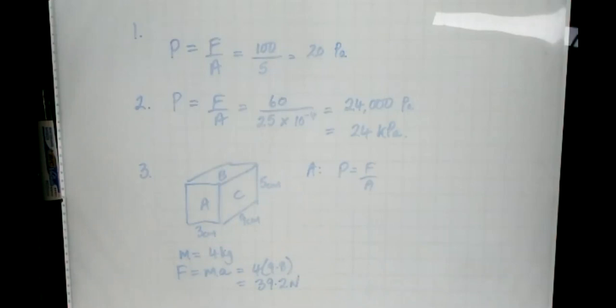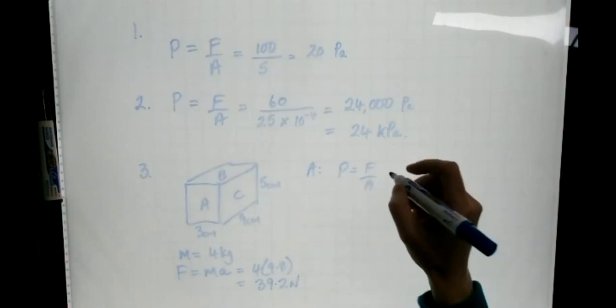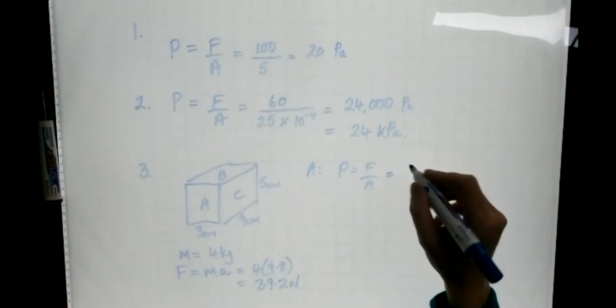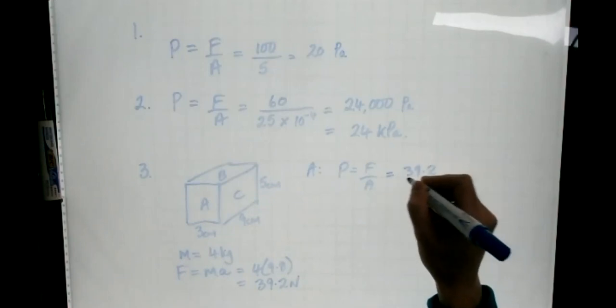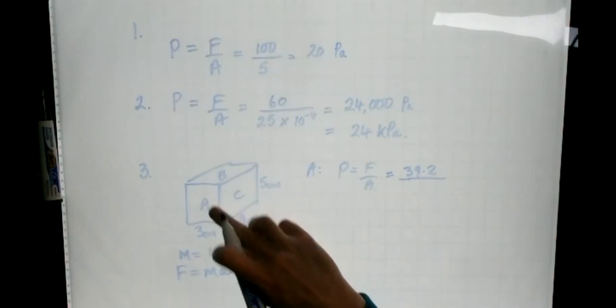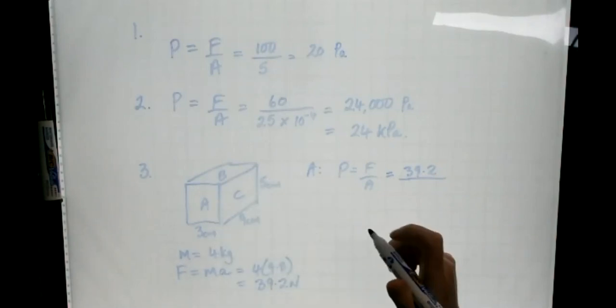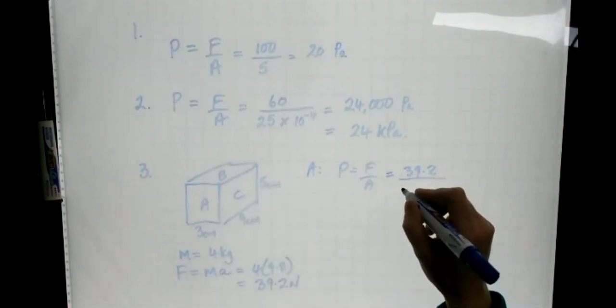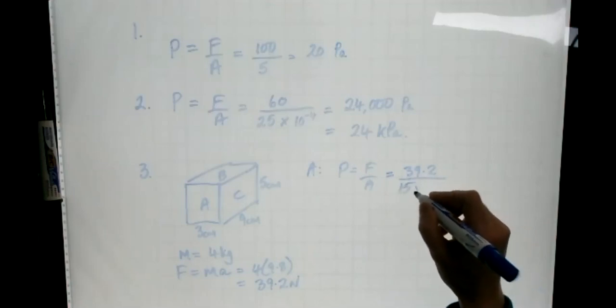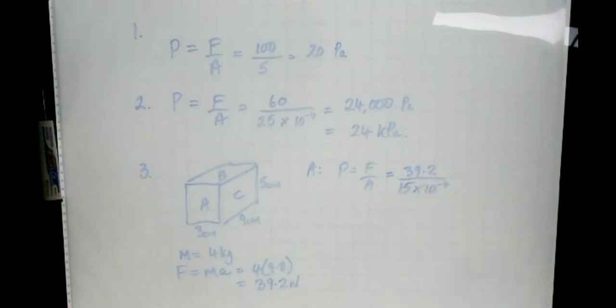Next we get the pressure. The force is known, so we need the area of face A, which is 3 centimeter times 5 centimeter. So 3 times 5 is 15 centimeters squared, converted to meters squared, times 10 to the power of -4.